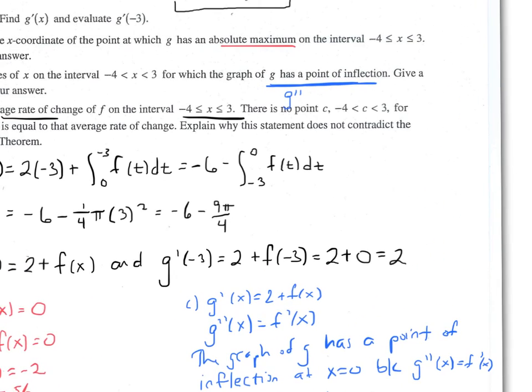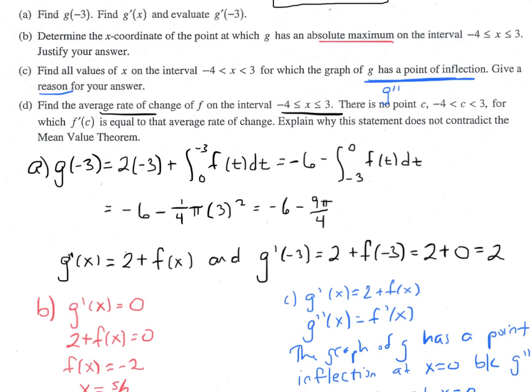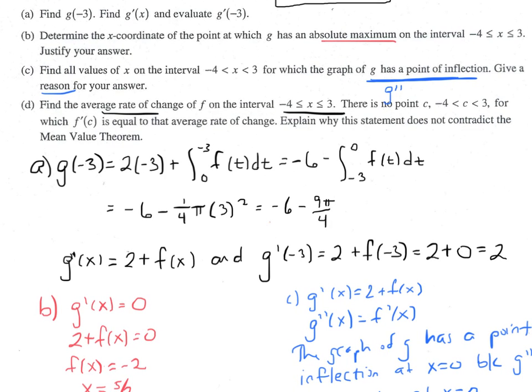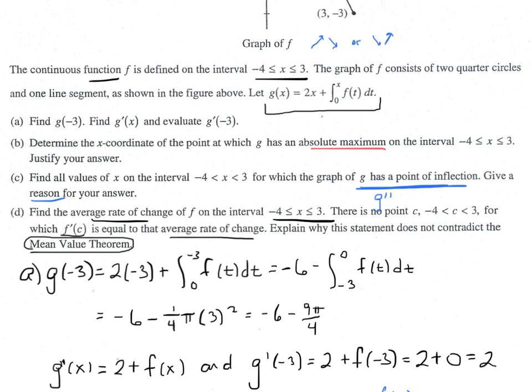Now they say that there is no point on the interval for which f prime is equal to the average rate of change. So that's the mean value theorem. The mean value theorem talks about the slope of the secant being equal to the slope of the tangent, but that only happens if our function is continuous and differentiable on the interval.